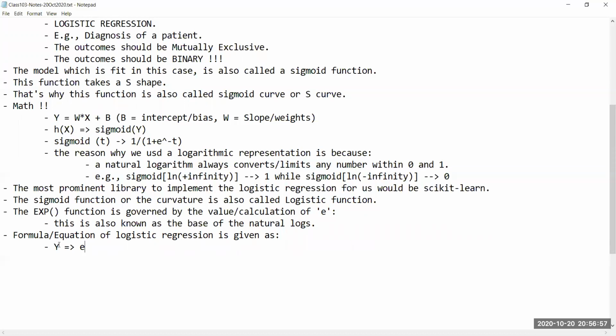So e to the power something, and then we are going to divide that with 1 plus e to the power something, right? This is how we mathematically represent it, or how we are going to write the implementations. So this is fundamentally different from this one. Why is this so?